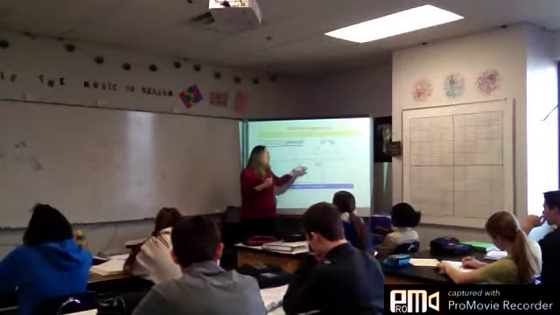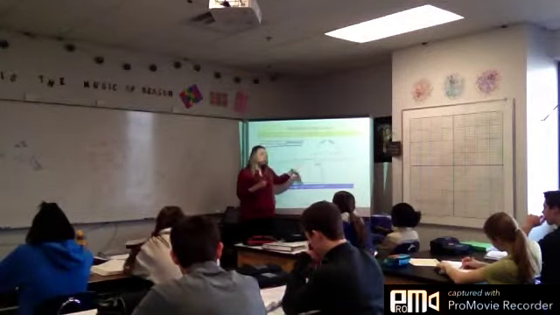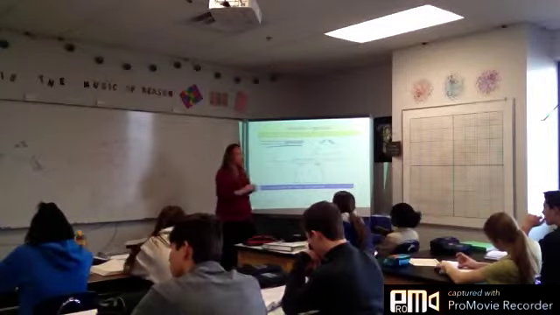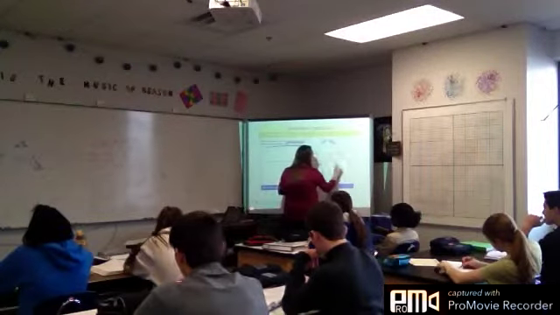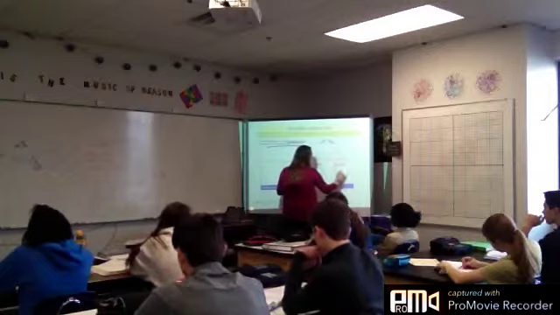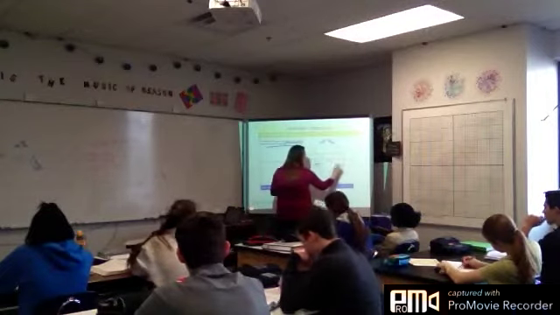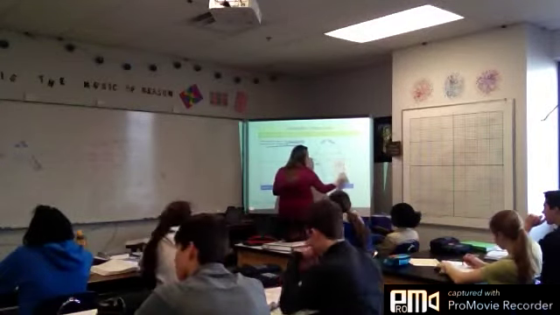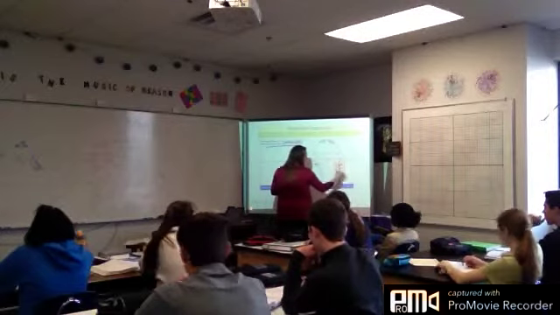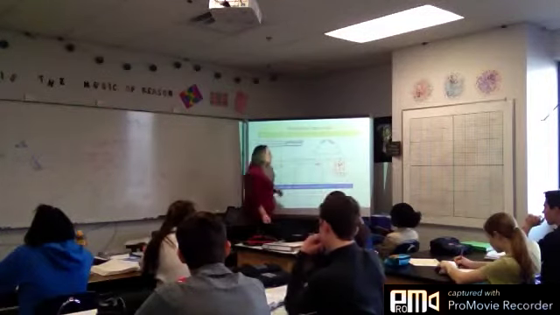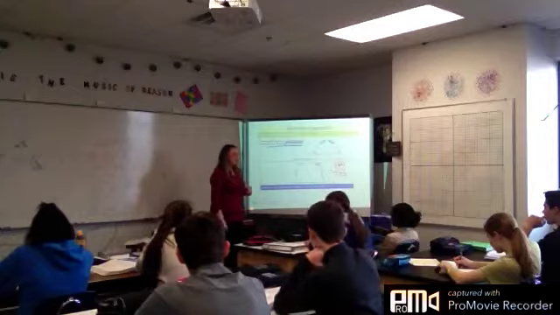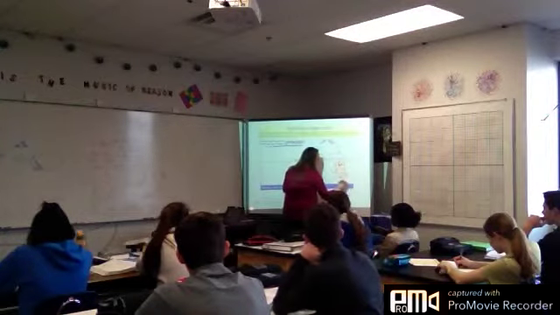So if you know that both of these are 102, what am I going to do with that information? Add them together and subtract it from 360. Good, so 360 minus 204 gives you 156. Now what happens when you divide 156 by 2?